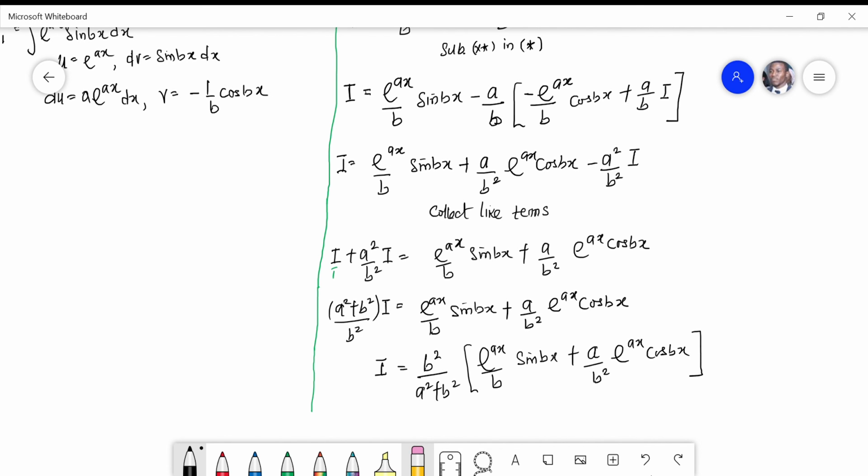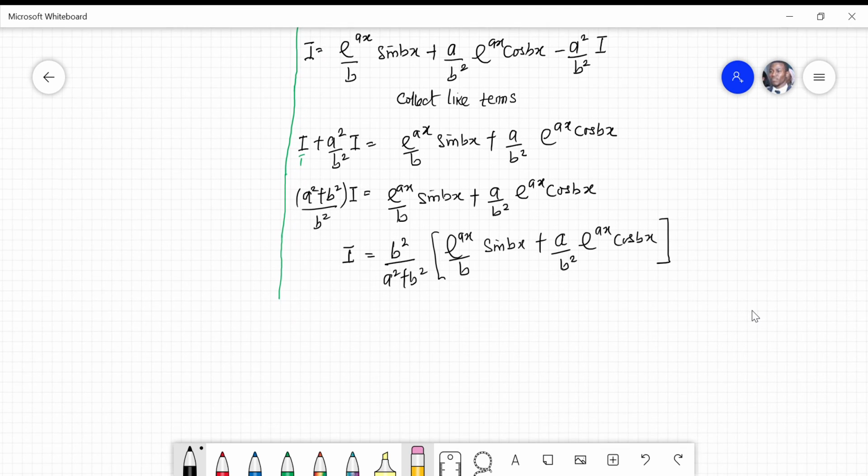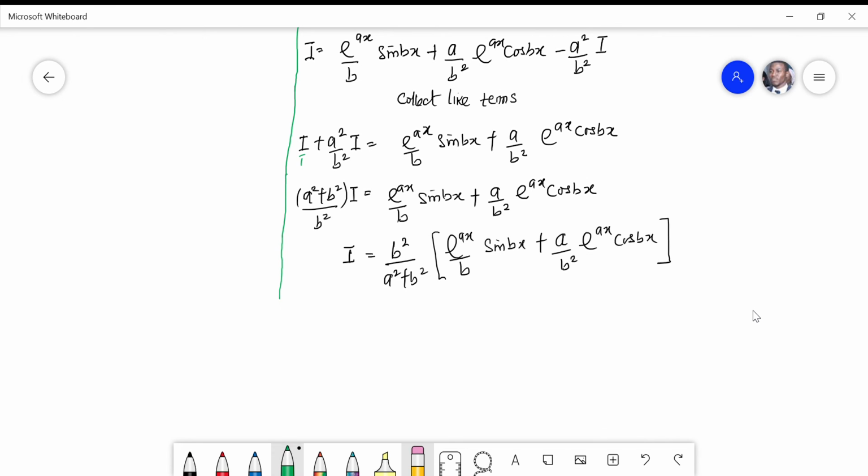So you could simplify, or you could just leave it like that, whichever way. So our I becomes 1 over a squared plus b squared.